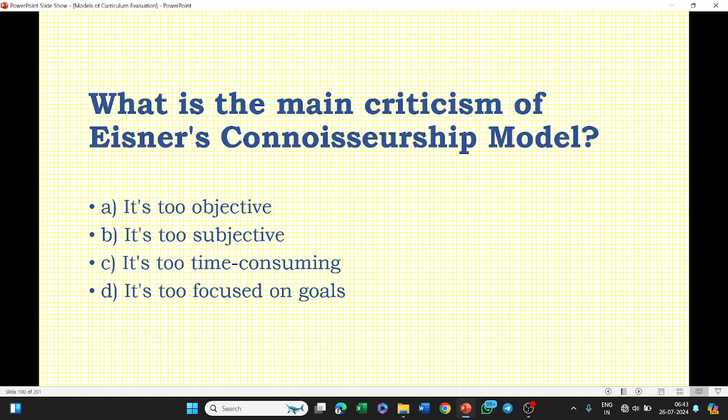What is the main criticism of Eisner connoisseurship model? Options: it's too objective, it's too subjective, it's too time consuming, it's too focused on goals. Answer of this question is option B, that is it's too subjective.